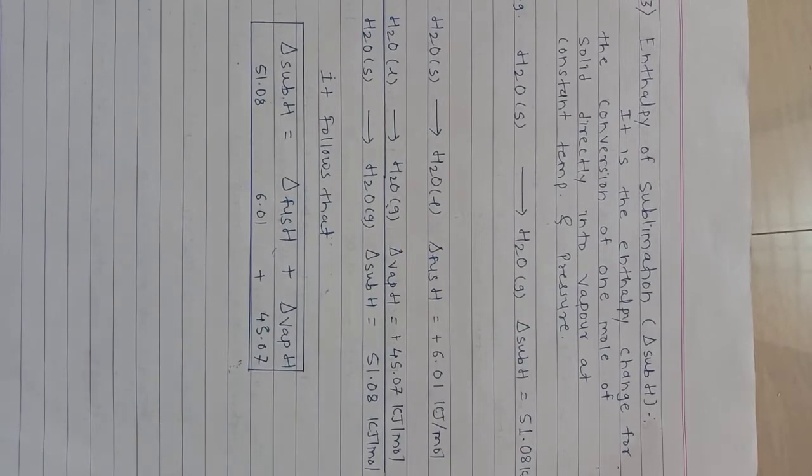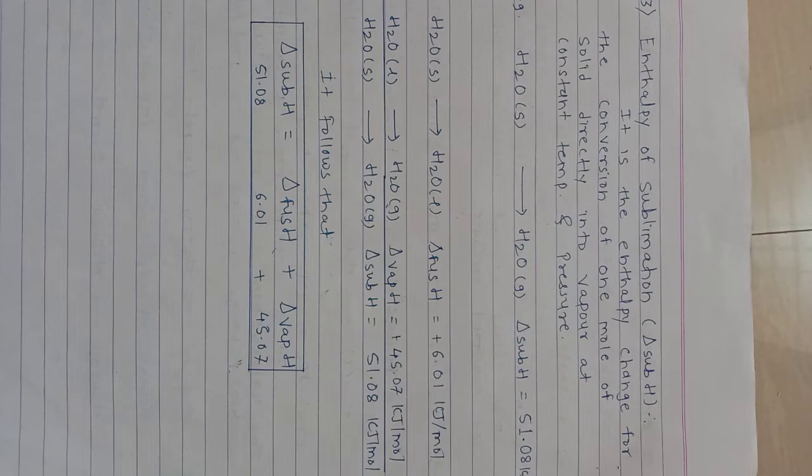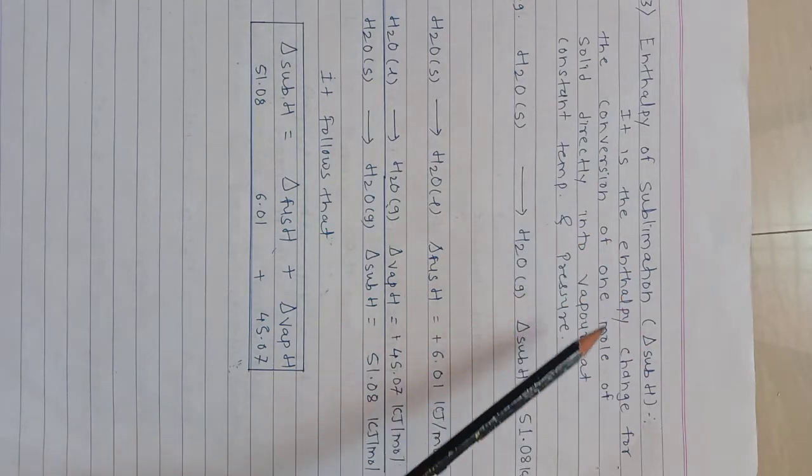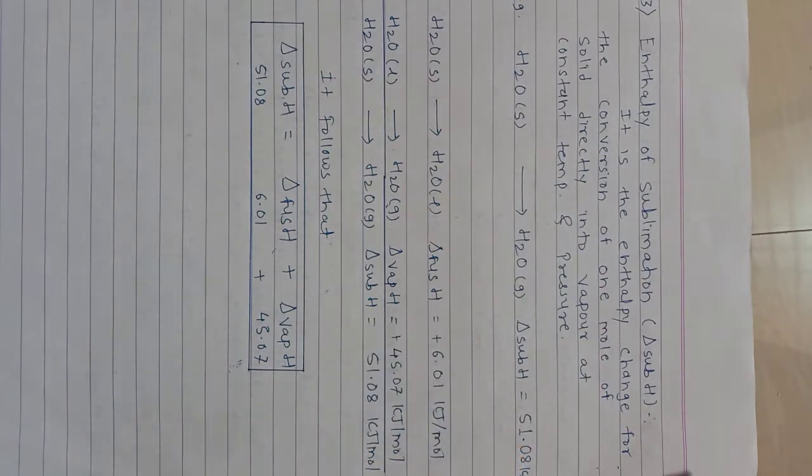Number three phase transition, enthalpy of sublimation. It is represented by delta sub H. It means solid is directly converted to gas. For example, camphor solid, when burned, gets converted into gas. It is the enthalpy change for the conversion of 1 mole of solid directly into vapor at constant temperature and pressure, called enthalpy of sublimation.